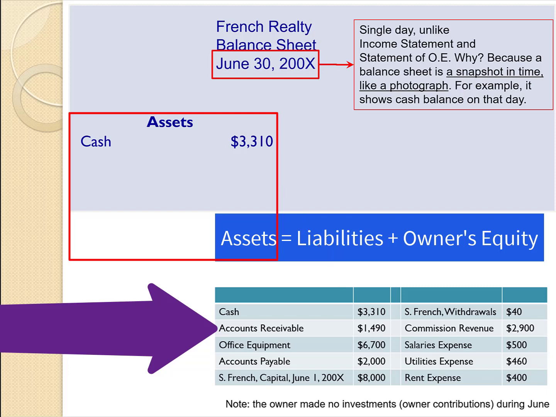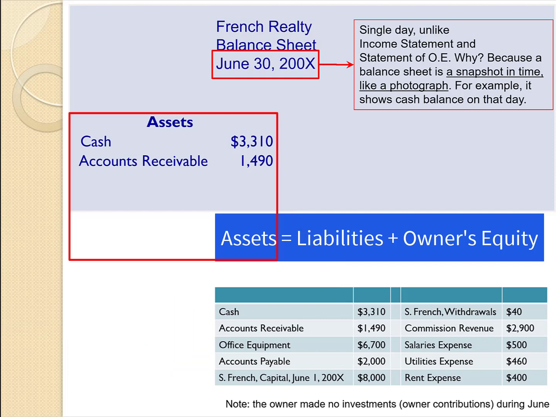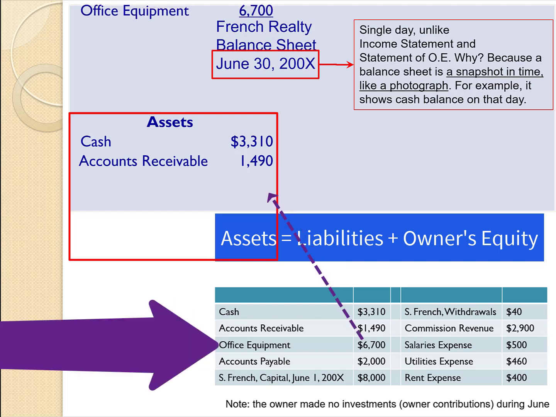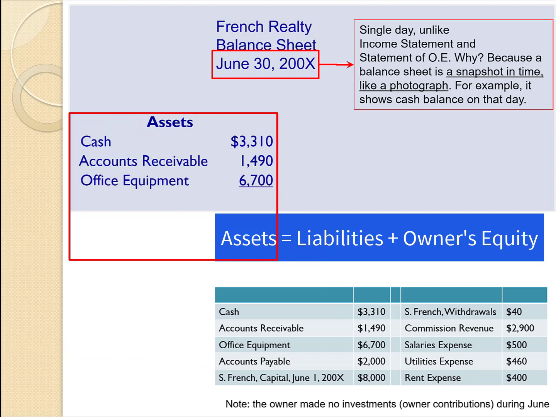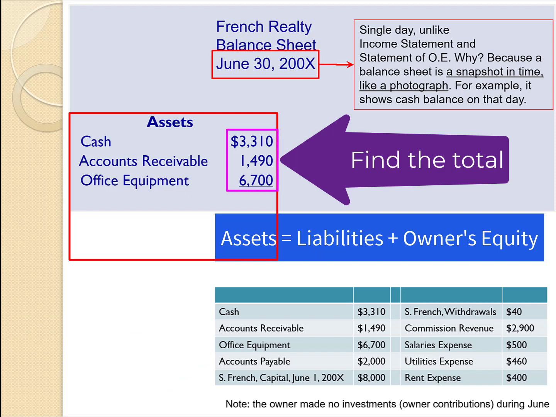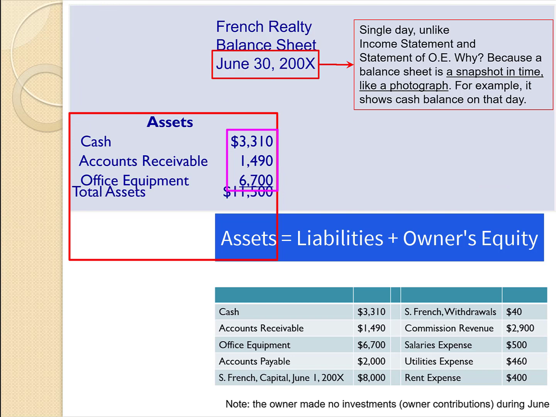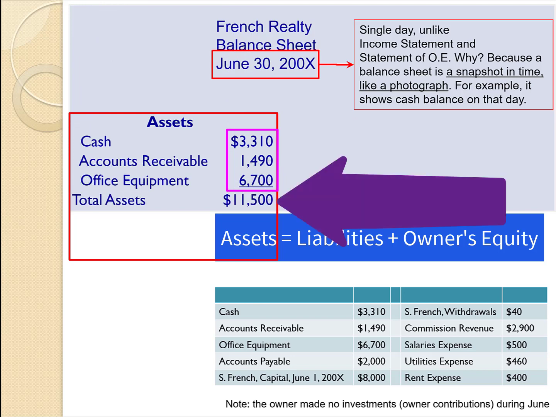And the amount that our customers owe us is $1,490. So AR is definitely an asset because that's a future benefit. And then another asset is our office equipment, $6,700. So that looks like all the assets. So we're going to add those up, 3310, 1490, 6700. That gives us total assets of $11,500. And since we're done with that column, we put a double underline underneath it.